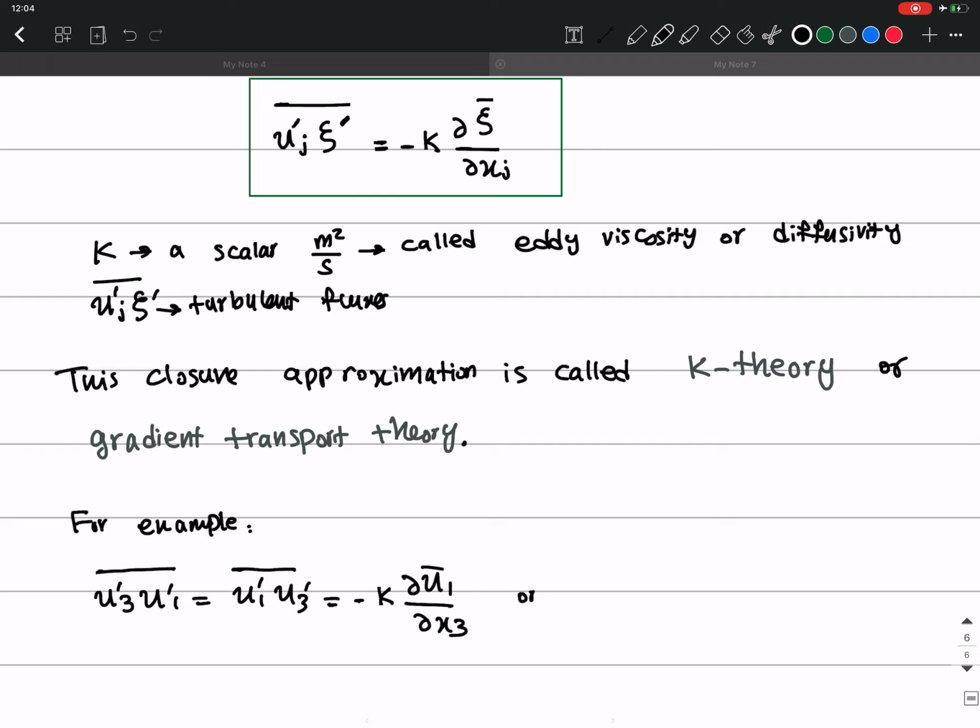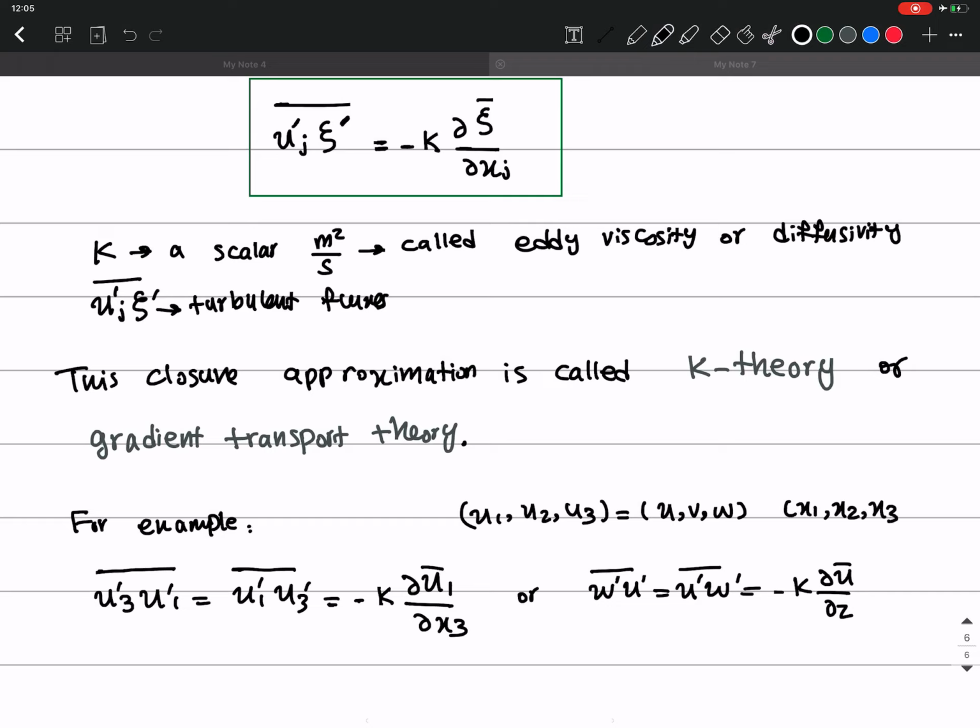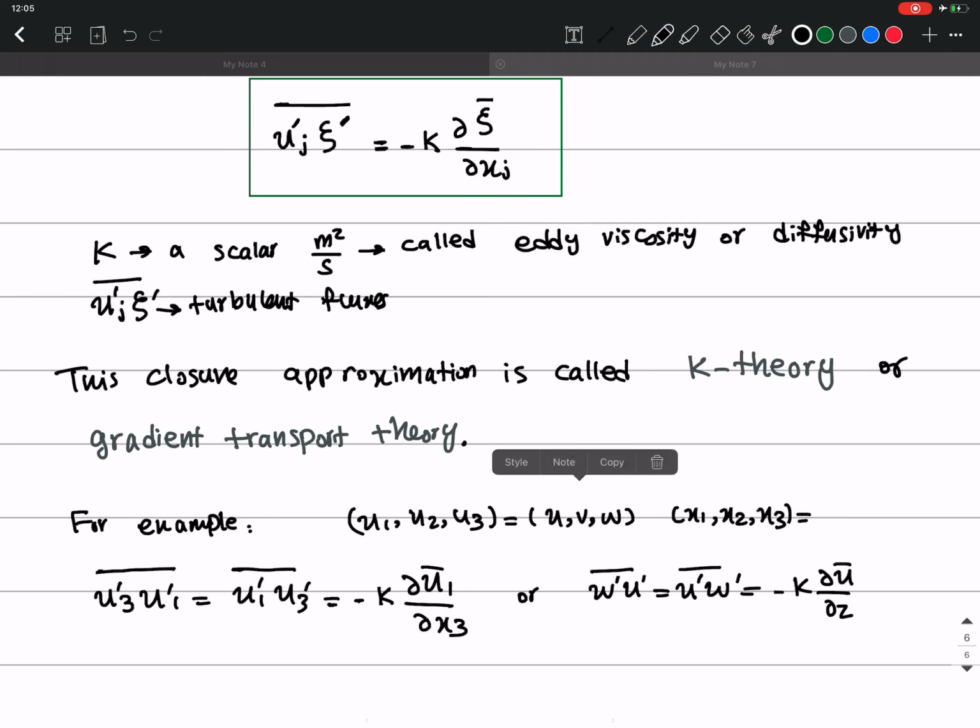Or you can write it this way: w prime u prime equals u prime w prime equals minus K partial u bar over partial z. Again, u1, u2, u3 can be u, v, w, and x1, x2, x3 can be x, y, z. Okay?